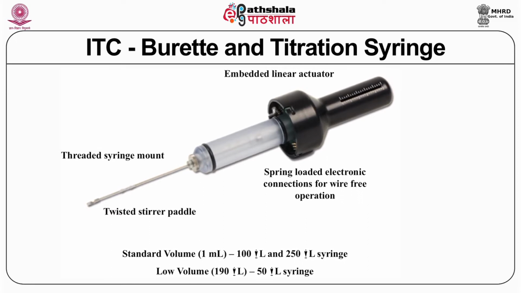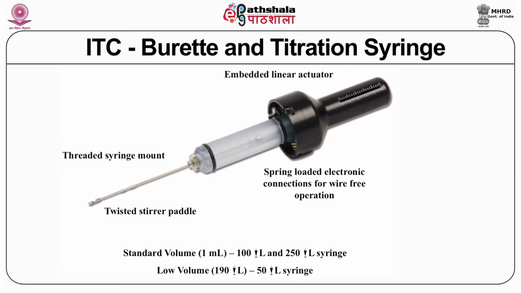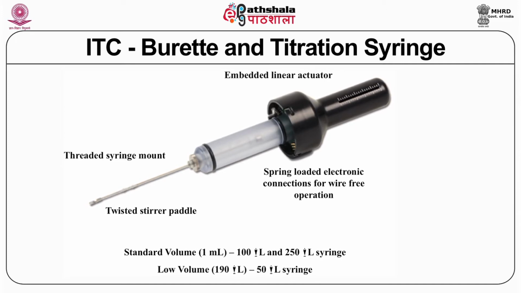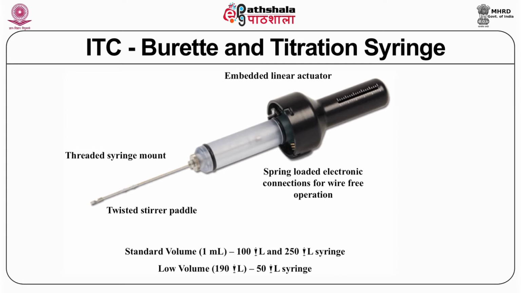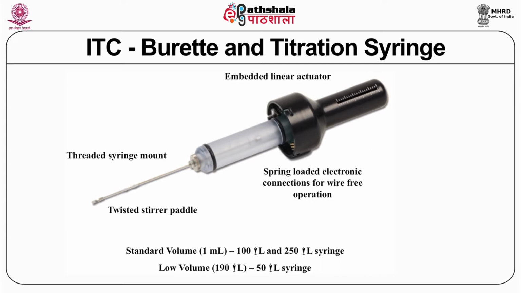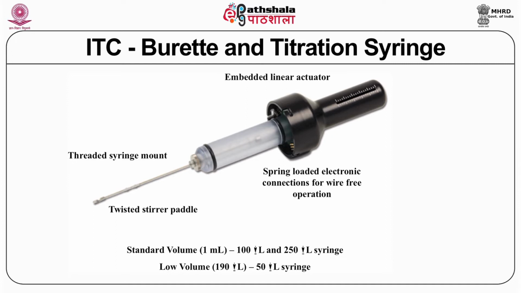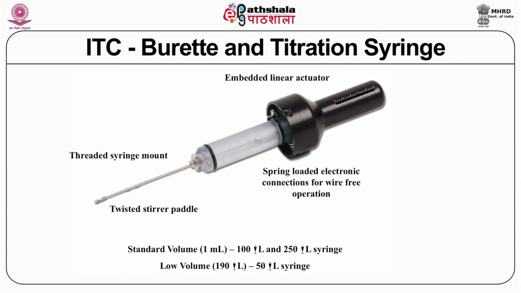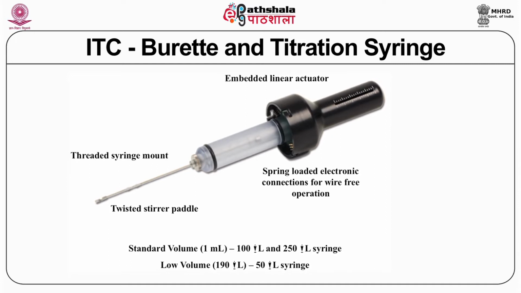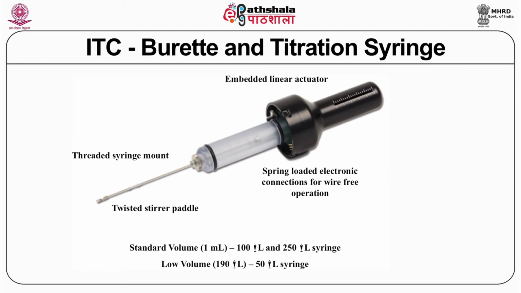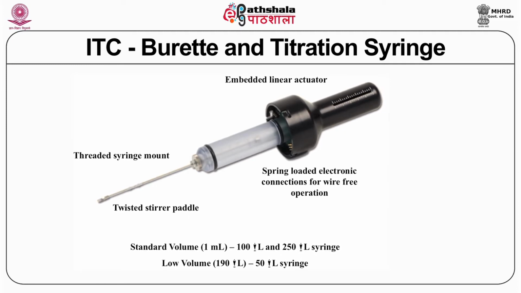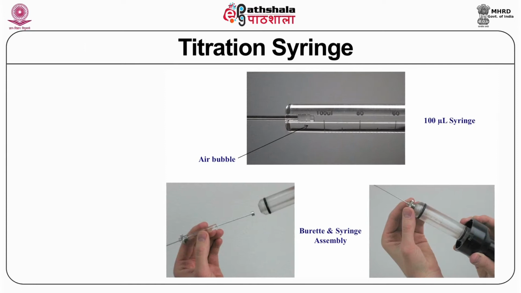The standard volume is 1 ml, so you use about a 100 microliter to 250 microliter syringe. There is another one for when you really need to use very precious samples, like blood samples. Then you use low volumes, for example a 200 microliter to 50 microliter syringe. This is the titration syringe.